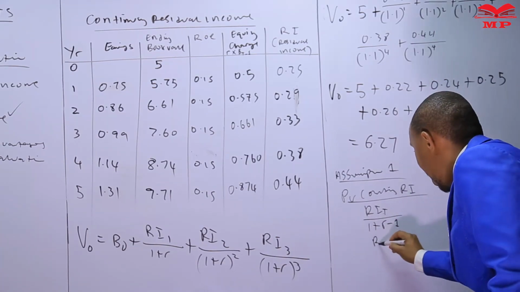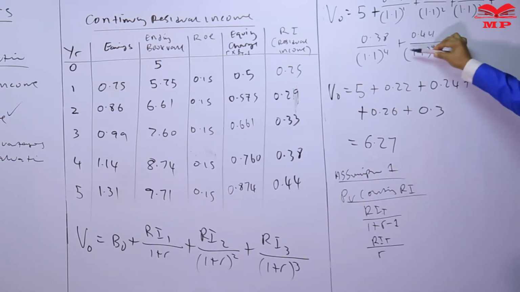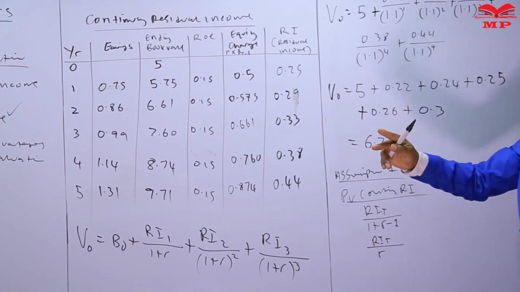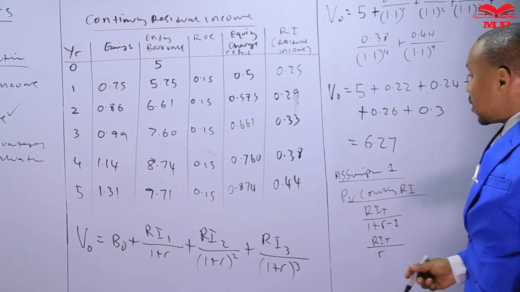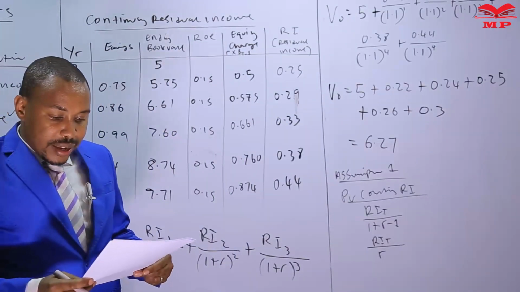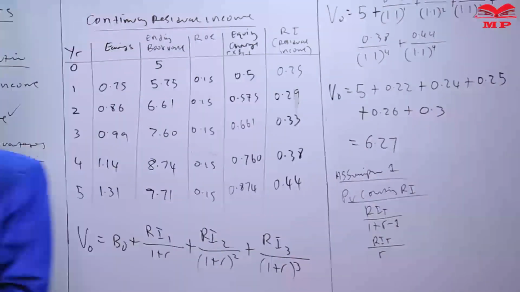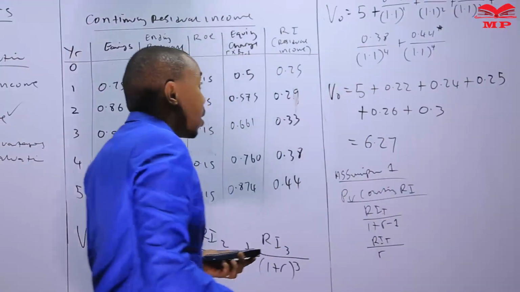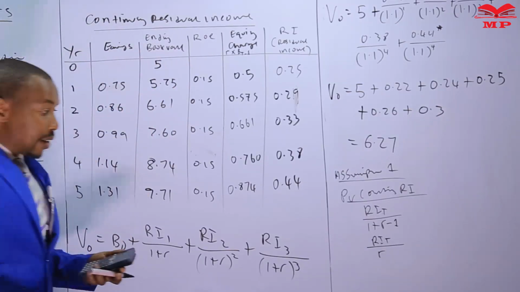This condenses into RIT over R. So at this point over here, instead of getting 0.44 divided by 1 plus R based on the second assumption, we will just get 0.44 divided by R, which is 10%, 0.1 in this case. So what happens? 0.44 divided by 0.1, what do we get? We just need to amend that part over here. This is the part that we are amending based on the second example. So if you'll allow me, I can rub all of this because you already have all of the inputs on that other side there.